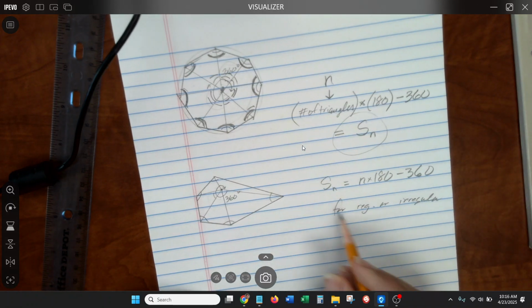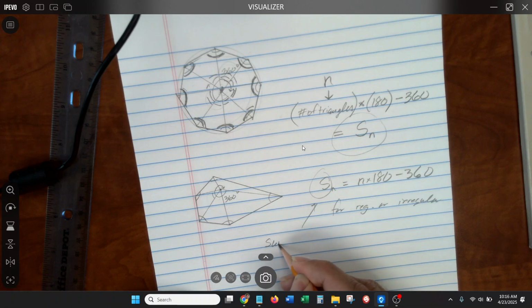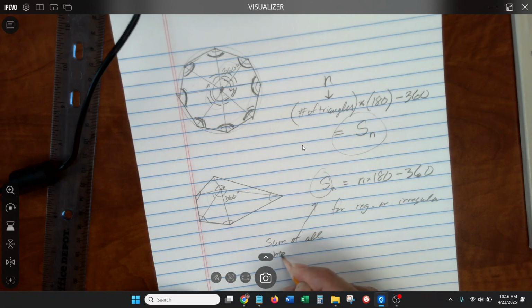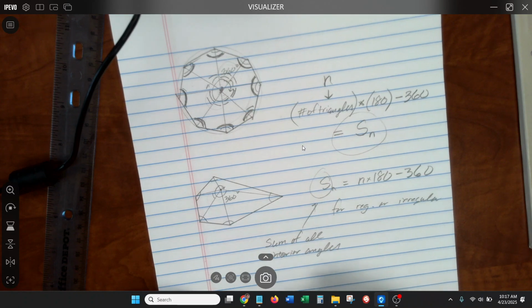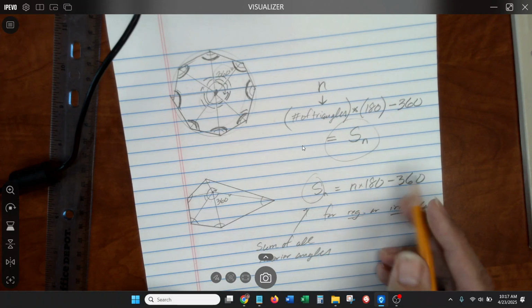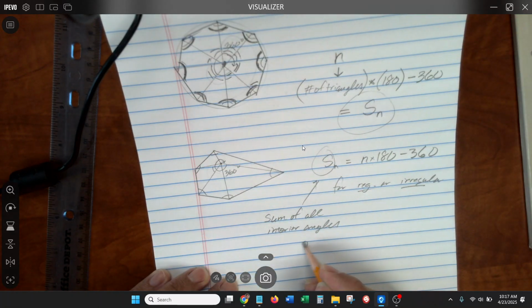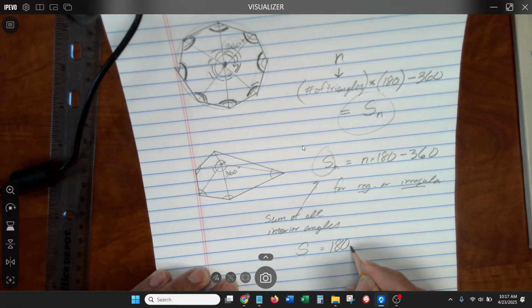Again, this is the sum of all interior angles of a polygon, whether regular or irregular. You'll sometimes see this formula as 180n, so the sum for the n-sided polygon, subscript n meaning the number of sides, minus 360.